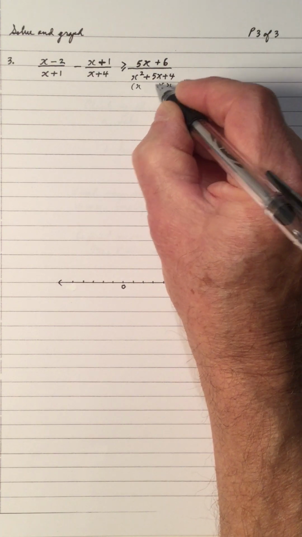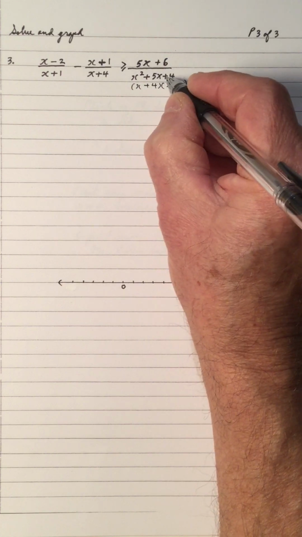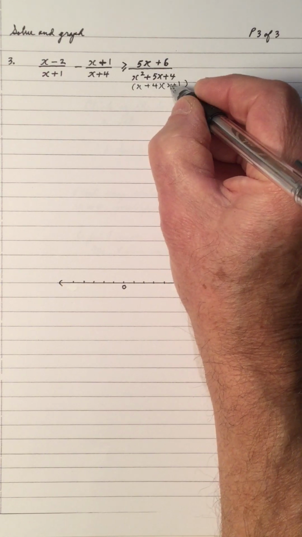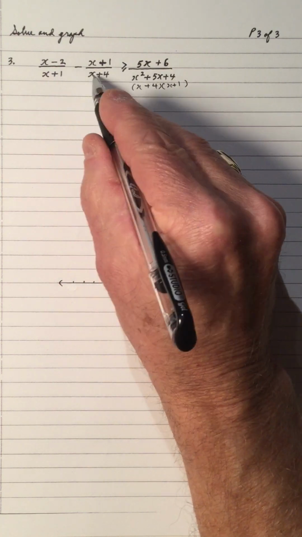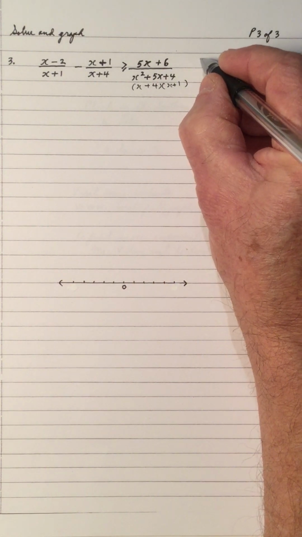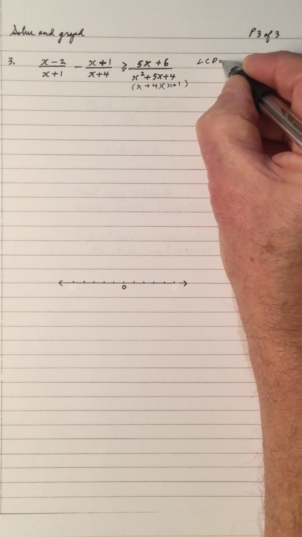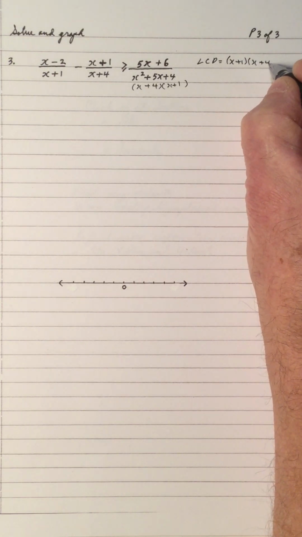Factors of 4 that give you a 5, 4 and 1, plus, product is plus 4, sum is plus 5. So the factorization of this trinomial gives these two denominators here. So that means the LCD is x plus 1 times x plus 4.